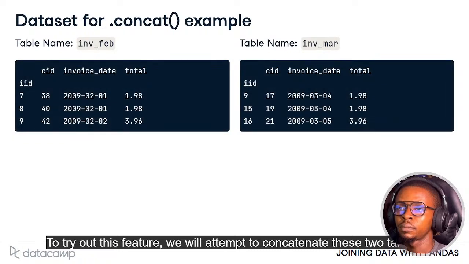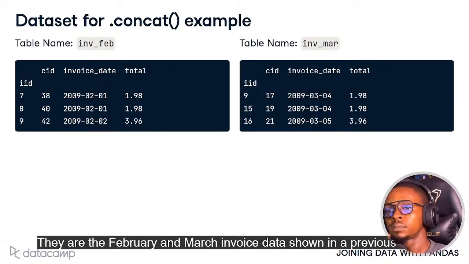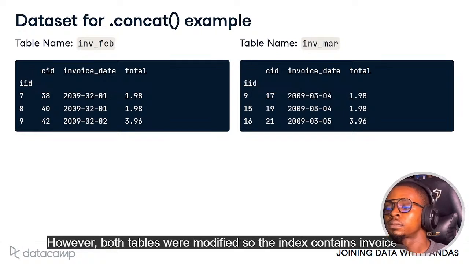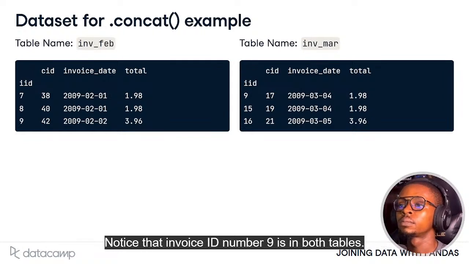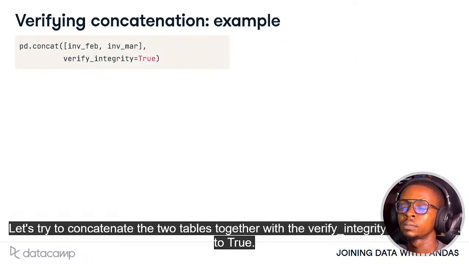To try out this feature, we will attempt to concatenate these two tables. They are the February and March invoice data shown in the previous video. However, both tables were modified so the index contains invoice IDs. Notice that the invoice ID number 9 is in both tables. Let's try to concatenate the two tables together with the verify integrity argument set to true.